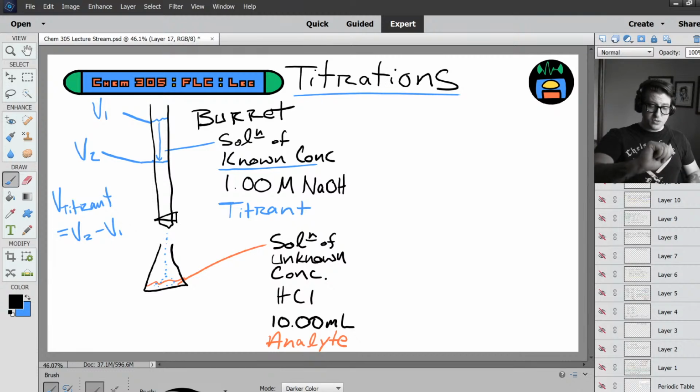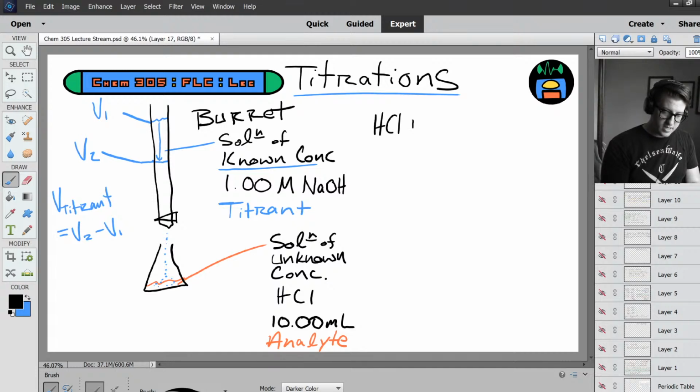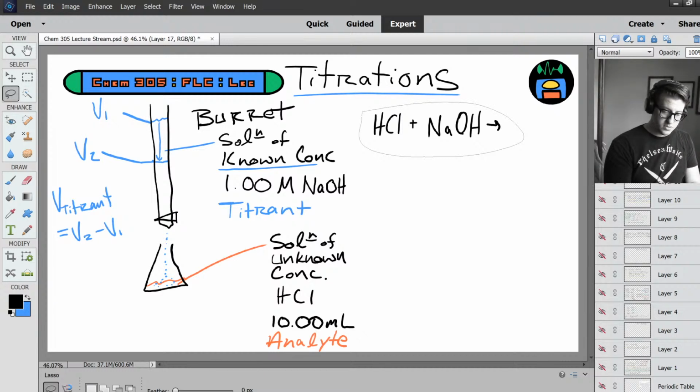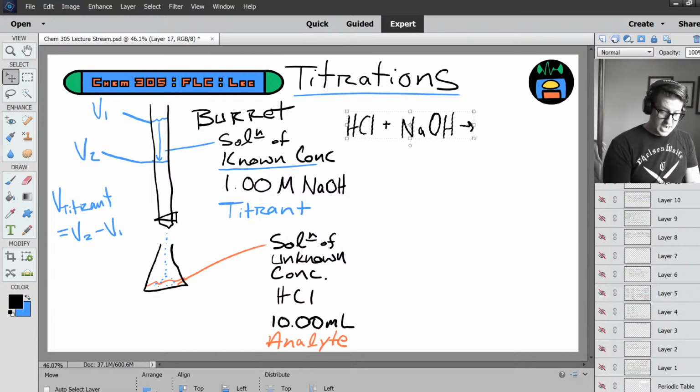All right, so you add titrant till the reaction's done, then you go, okay, we have a reaction here between HCl and NaOH. This is a neutralization reaction. We can write out what the reactants and products are.